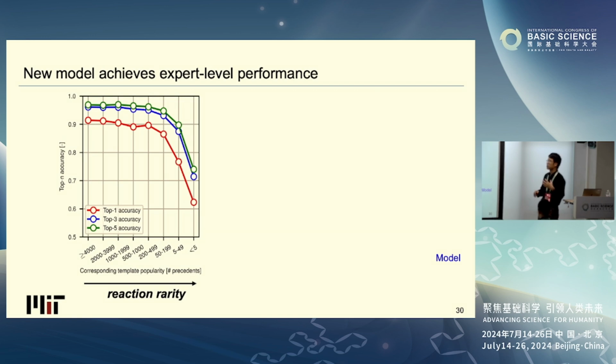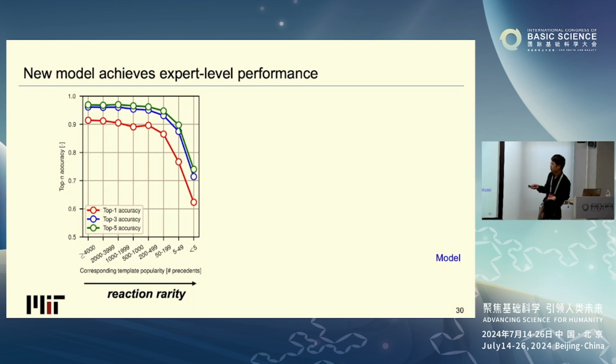We also did a human benchmarking to see how the model performs compared to human experts. We picked about 80 reactions with different popularity. We can see that the less popular the reaction templates are, the lower the accuracy the model has.